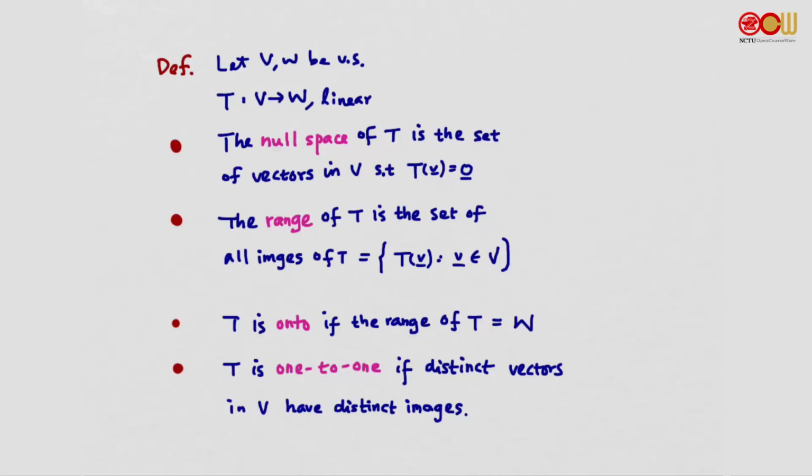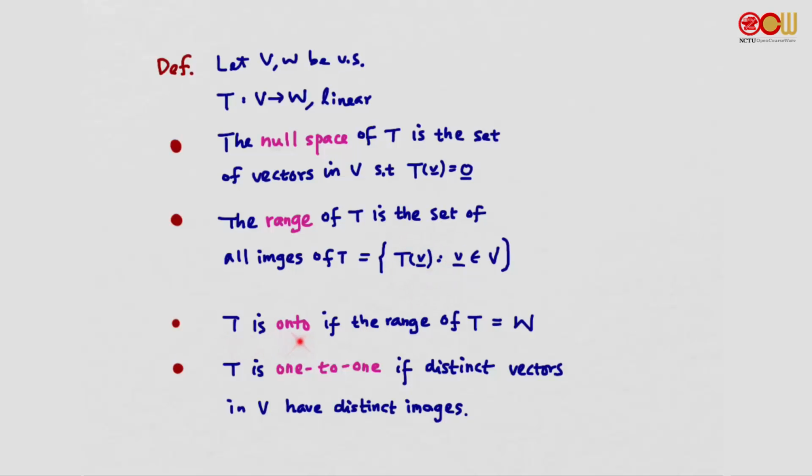Some definitions about linear transformations, very similar to what we had in Chapter 2. V and W are vector spaces. T is a mapping from V to W. It is linear. And the null space of T is the collection of vectors in V such that the image is the zero vector in W. The range of T is the set of all images of T. So it's the collection of all images.